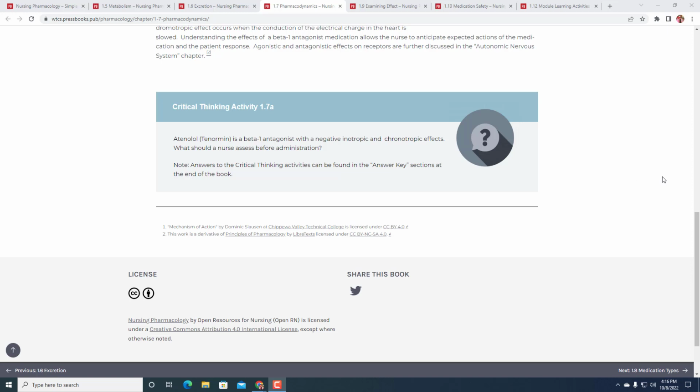So what should the nurse assess before administration, now that we know what these are for? Well, it's reasonable that if you've got something that's going to reduce heart rate and maybe reduce blood pressure, then the first thing we want to do is assess the patient's pulse and blood pressure and make sure that they're normal.